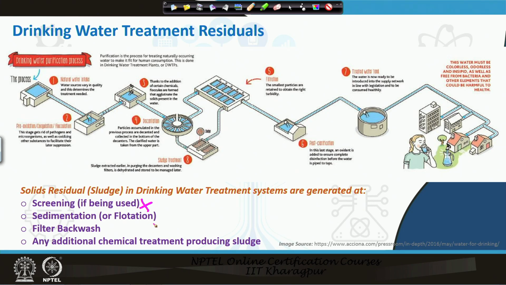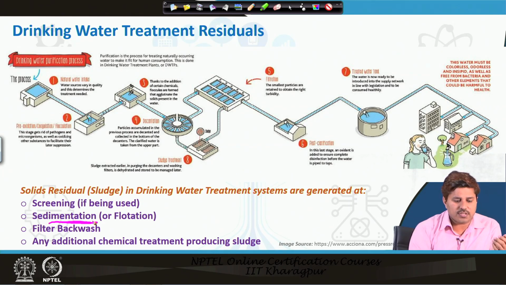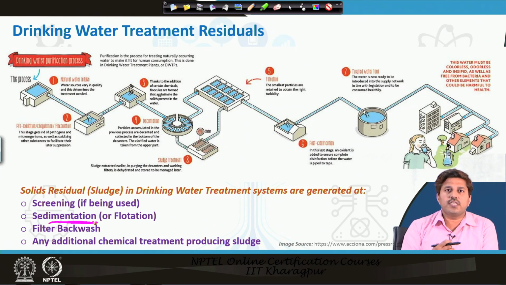Then we have the sedimentation or flotation process, whatever we are using. As we discussed, during the clarification or sedimentation process the solids settle at the bottom and then sludge is collected. That is the major component of sludge produced from conventional treatment systems, the sludge coming through the sedimentation process, and if flotation is being used then it is from the flotation process. We will talk about flotation briefly in the next class though.